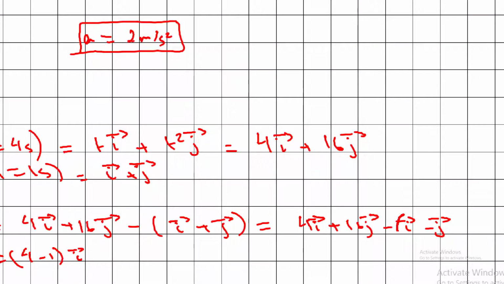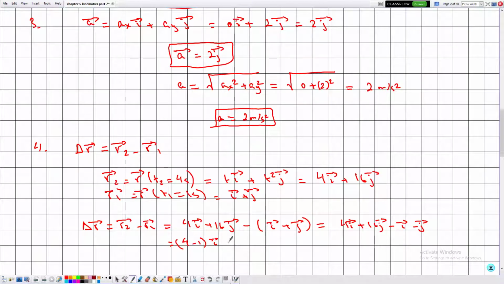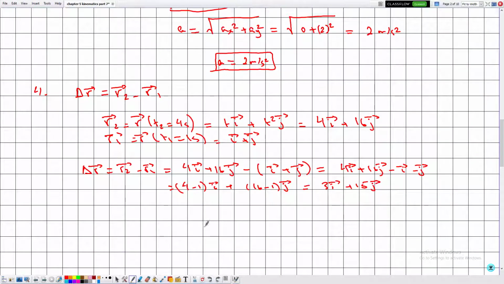So taking i as a common factor plus taking j as a common factor, we get that the displacement vector is given by 3i plus 15j. Then in this case, the displacement vector delta r between the instants t2 and t1 is given by 3i plus 15j.